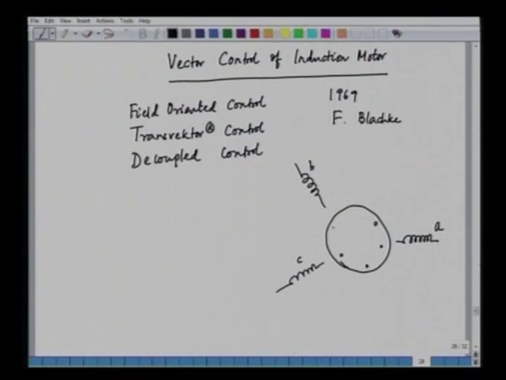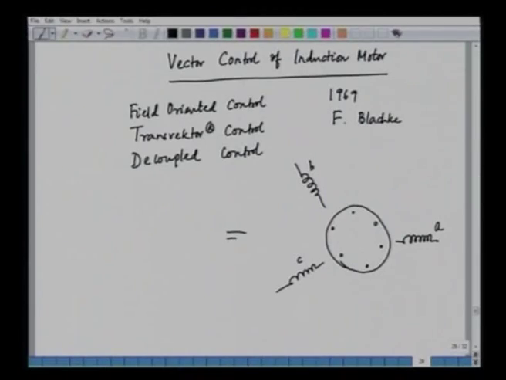We have the rotor conductors, and this machine is a highly nonlinear machine, and it can be controlled only by some advanced technique, and we can control this machine like a separately excited fully compensated DC machine using vector control. So what we are trying to do here, the objective is to control an induction machine just like a separately excited DC machine.